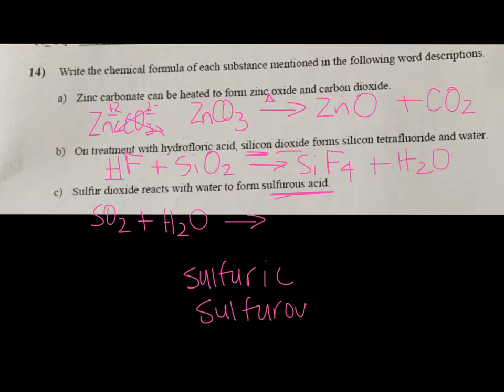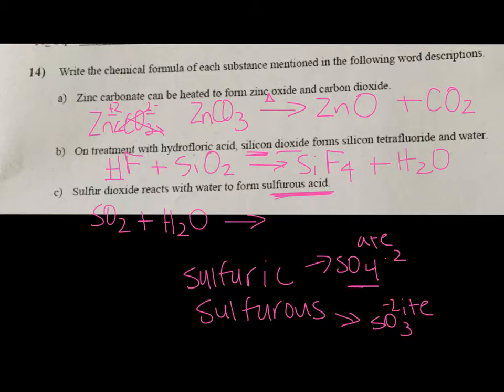With ic and aus, sulfuric is going to take on the sulfate polyatomic, and sulfurous is going to take on your sulfite polyatomic ion. Both of these have a -2 charge. So if we have sulfurous, we're going to have H and sulfite, -2 plus 1, crisscross, we end up with H2SO3.